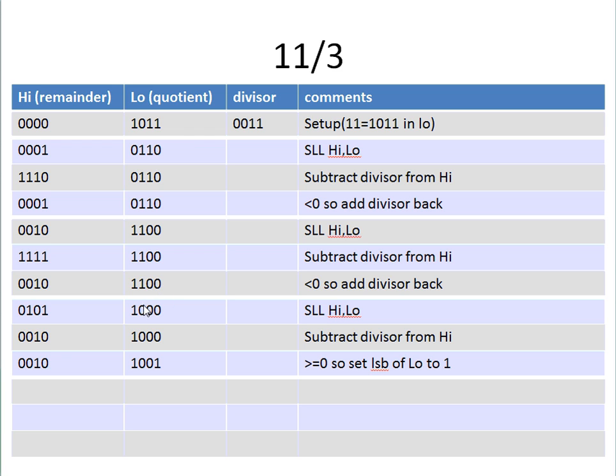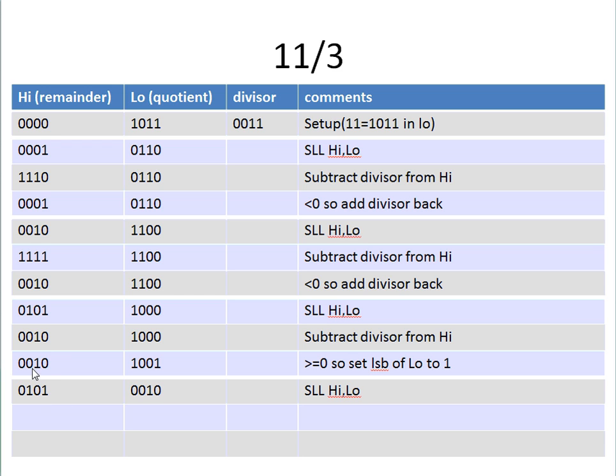Those 2 zeros moved over. We're guessing it won't fit, but it ends up fitting. So we have to set it to 1. So 0, 0, 1. These are the first 3 of the 4 bits of our quotient. It did actually fit. That's why we have to set that bit to 1, because when we subtracted 3, we had 2 left over.